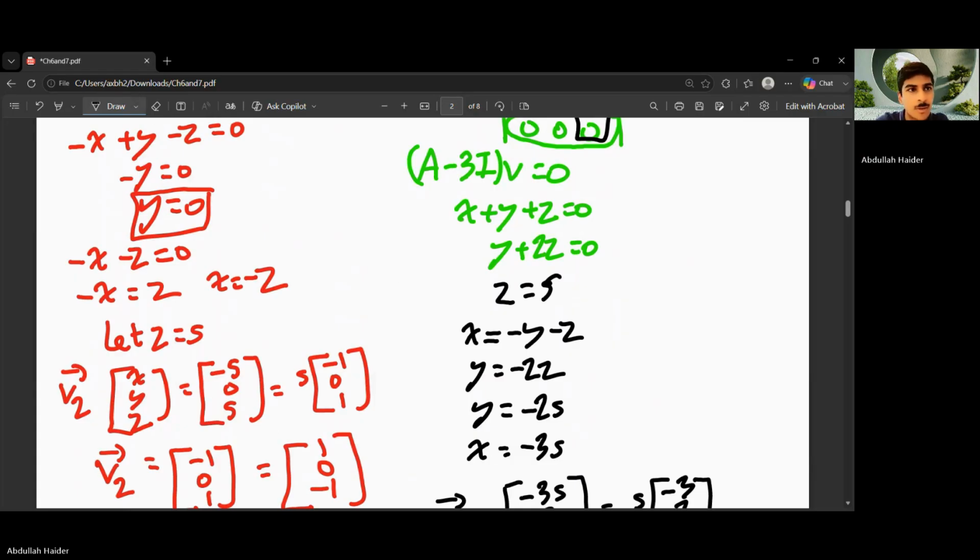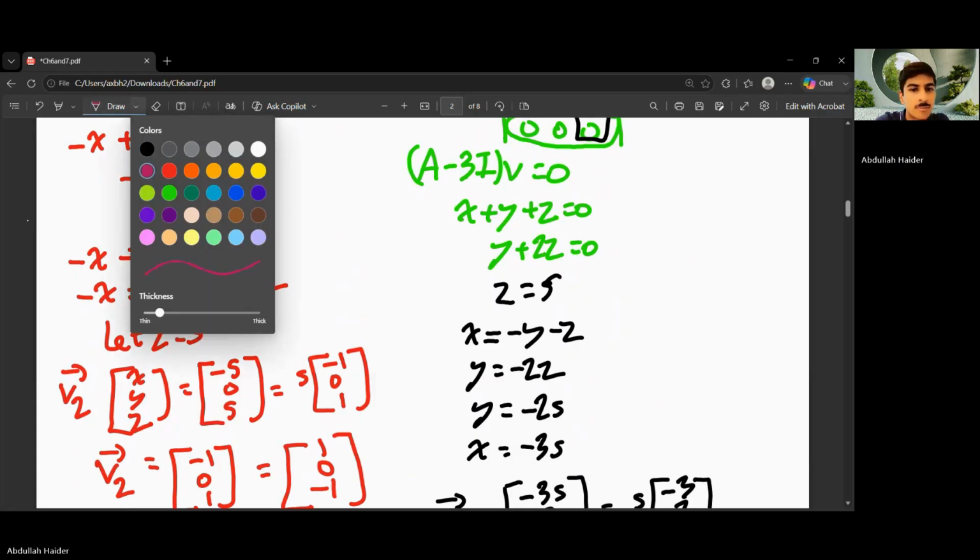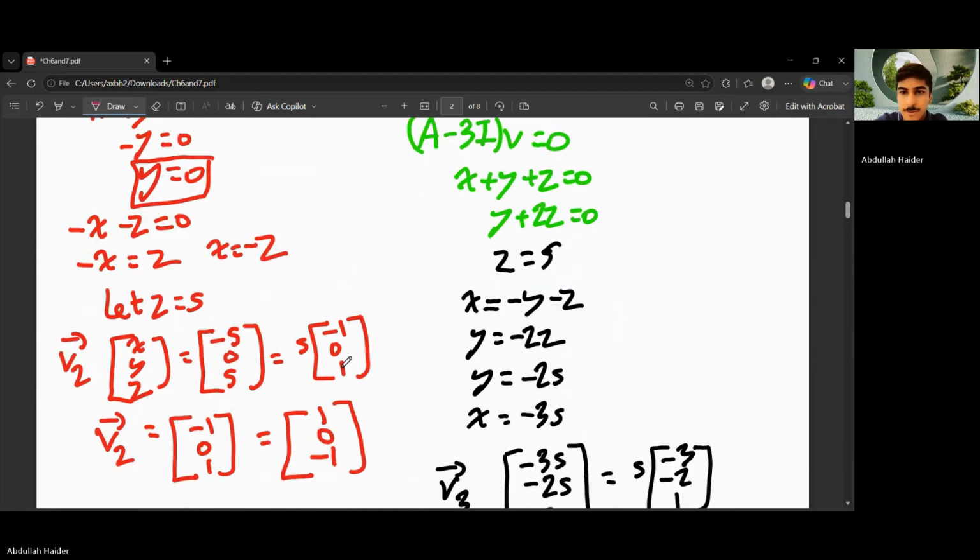Oh, so minus 2s, when you're substituting y here, it's supposed to be minus 2s minus s.